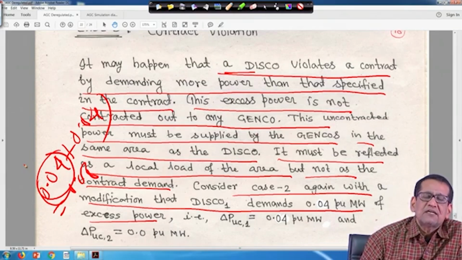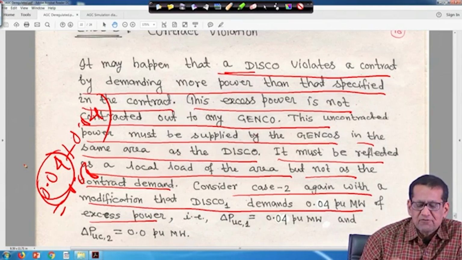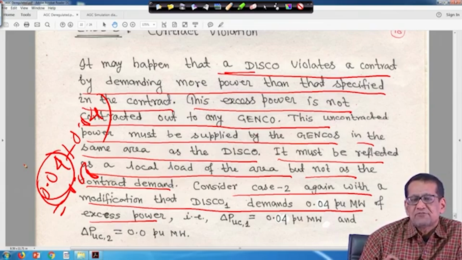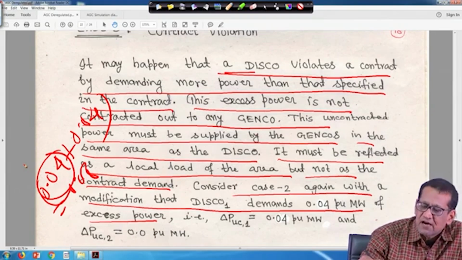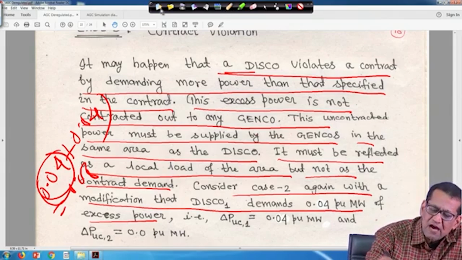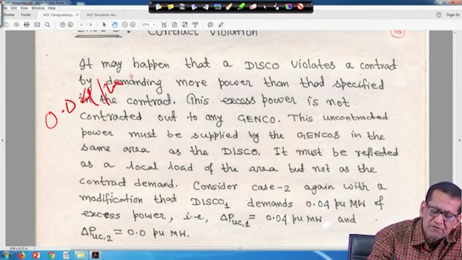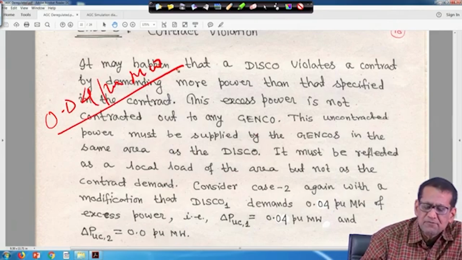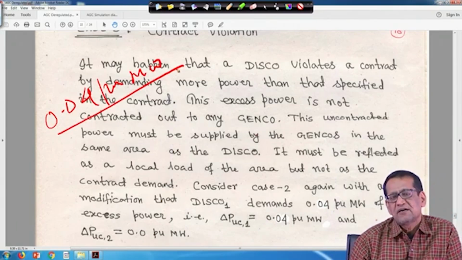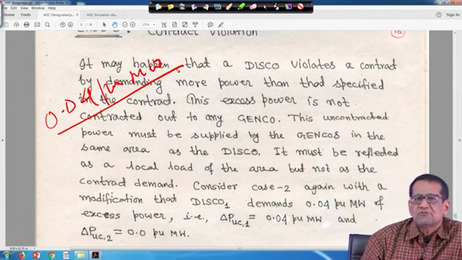In area 1 two generation companies are there, GENCO 1 and GENCO 2, and accordingly this power will be supplied by the same GENCOs in area 1. But my question is, how will that additional 0.04 per unit megawatt power be decided by the two GENCOs?